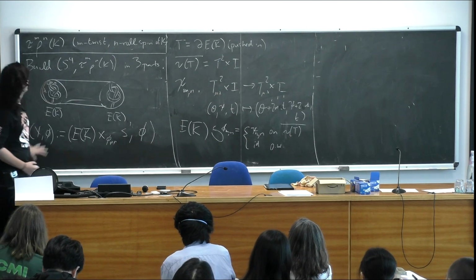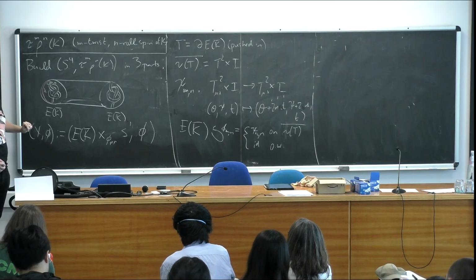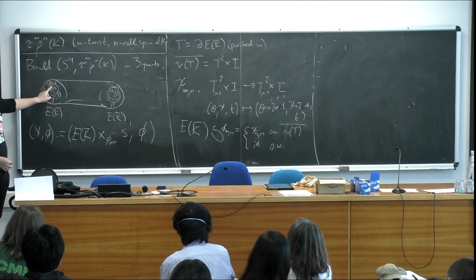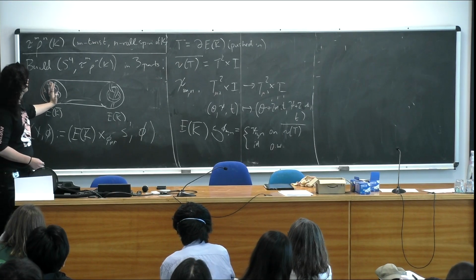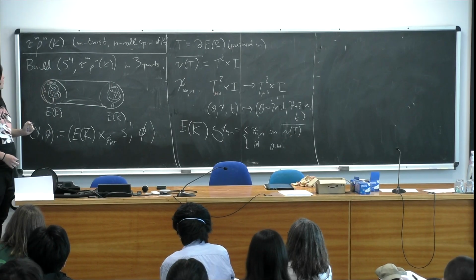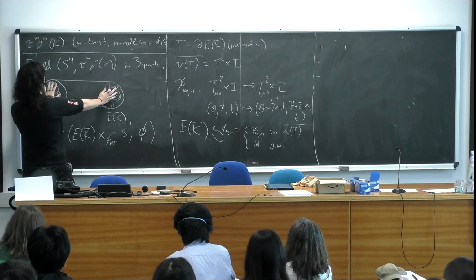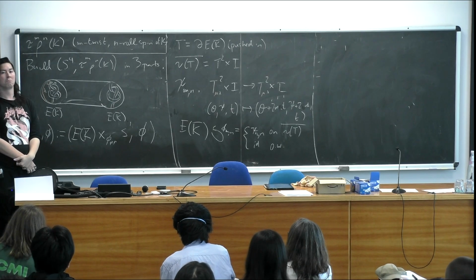First off, we're going to glue in a copy of D2 cross I cross S1 to fill in the neighborhood of this knot that I scooped out. All right, so I'll just fill that in. And then what are we left with after we fill this in? Well, on the boundary is just going to be a copy of D3 cross S1. And then I can just glue in an S2 cross D2 at the end.